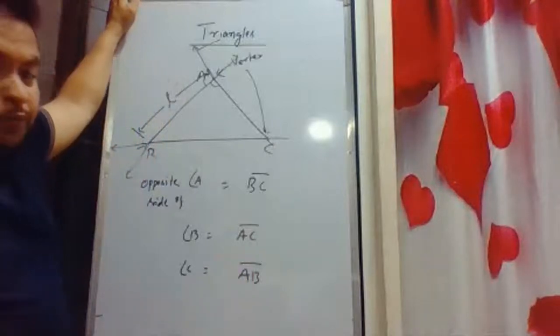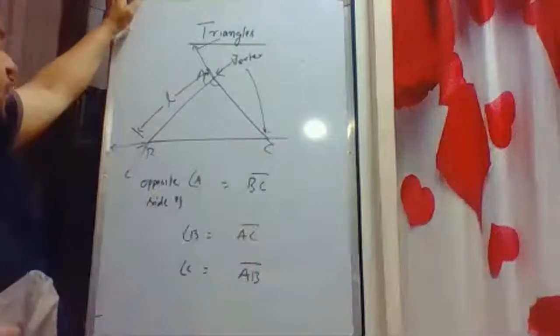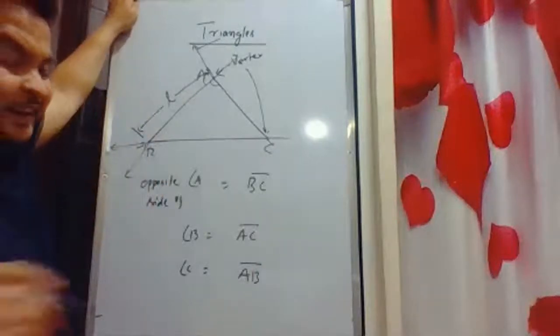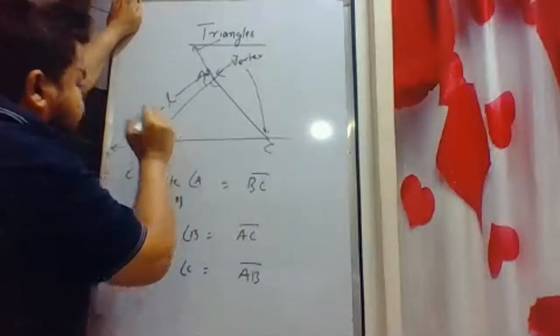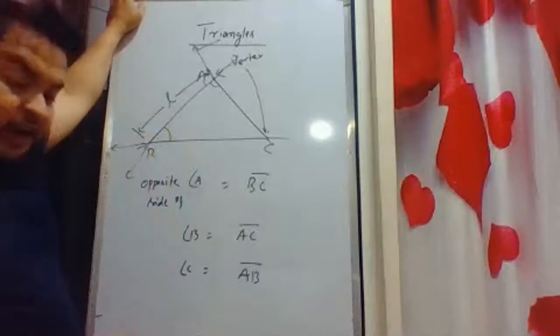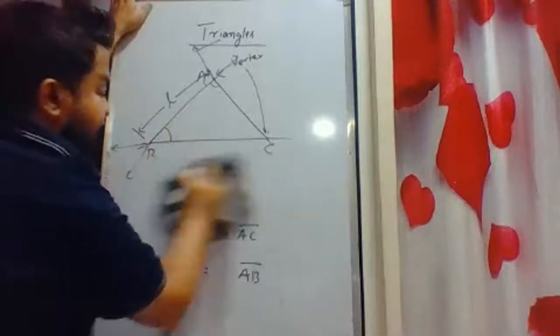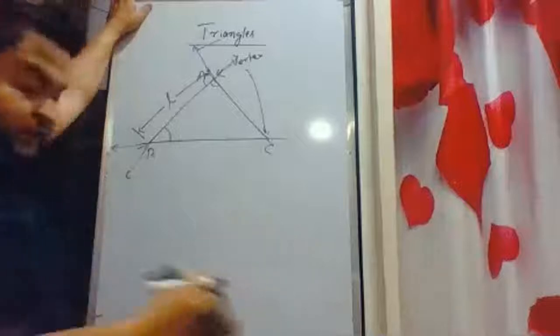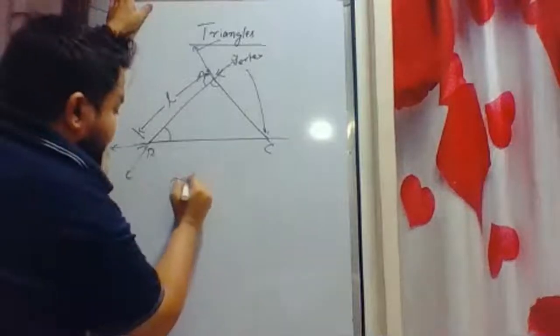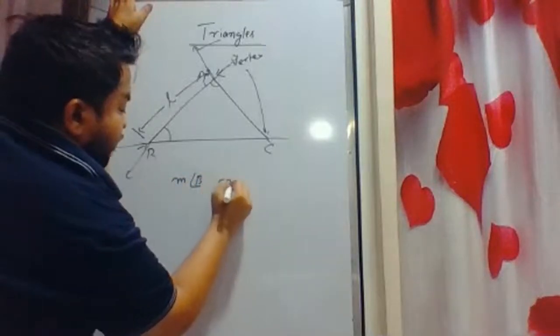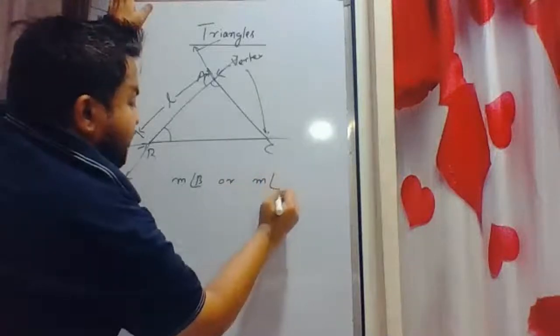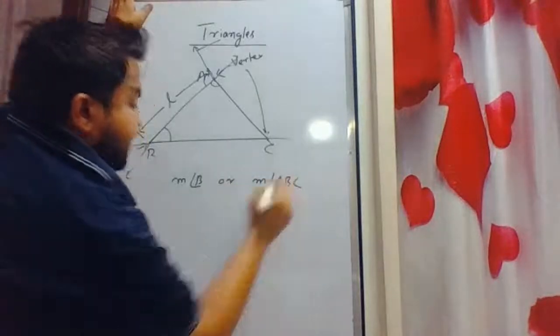Now, one more small notation. When we want to indicate the measurement of an angle, ideally we should denote it as measurement of angle B, or we may say measurement of angle ABC.